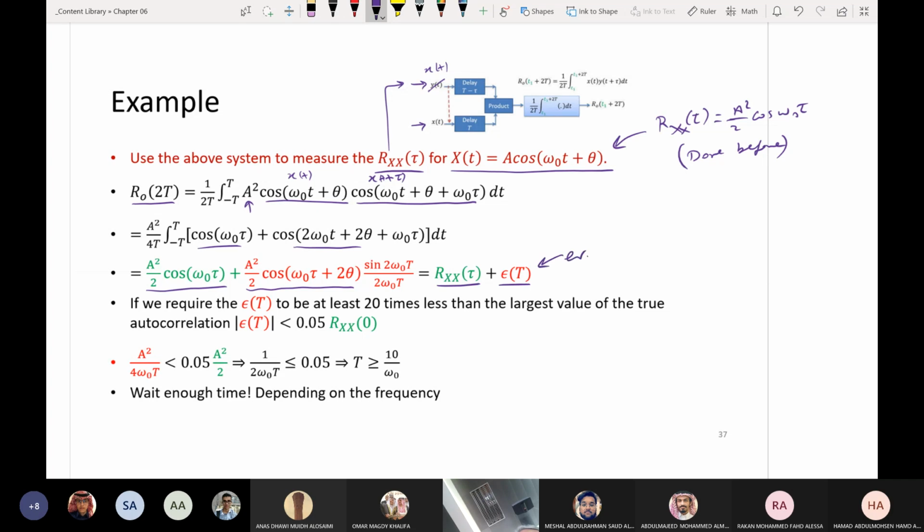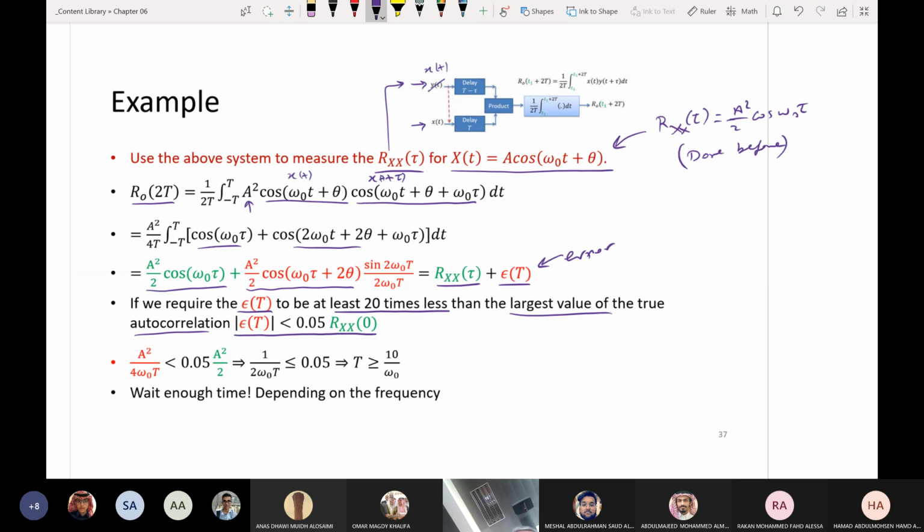This is an error. Now if we require the error to be at least, say, 20 times less than the largest value of the true autocorrelation function, the absolute value of the error is less than 0.05 the maximum value of the autocorrelation function.